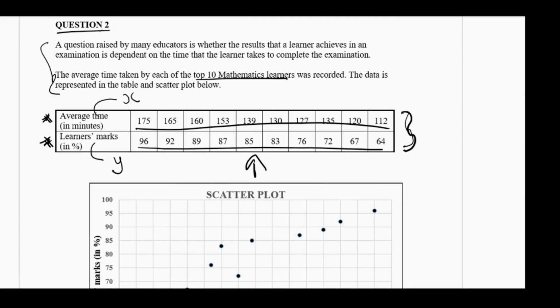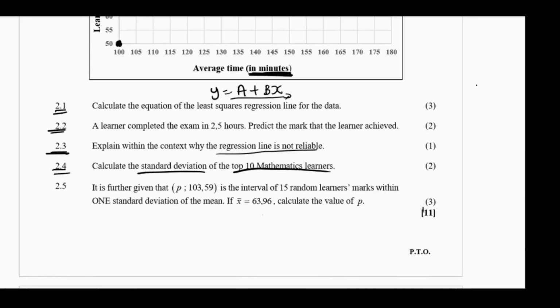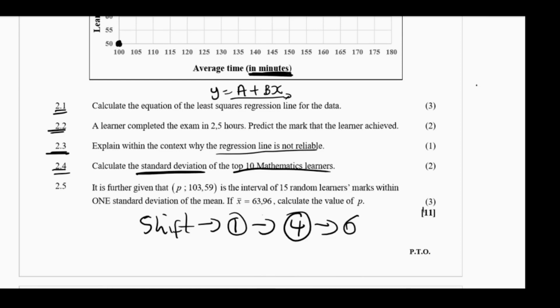You use that same table, but now to find the standard deviation, you're going to say shift and then you press 1, right? And then you press 4, which will take you to the variance. And then the variance that you're supposed to choose is this one that looks like this, right? In your calculator, you need to choose this one.